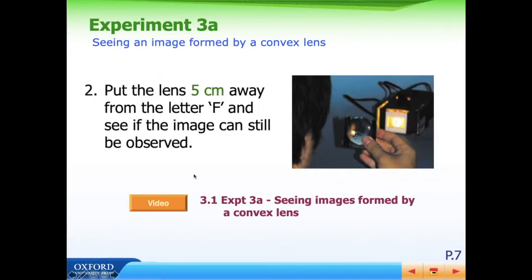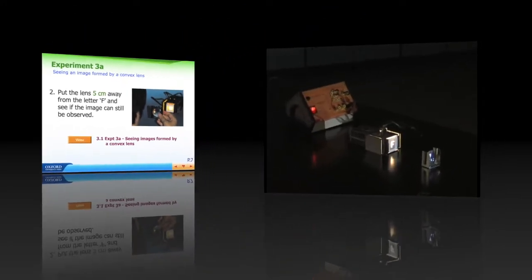The second step is that you put the lens 5 centimeters away from the letter F and see if the image can still be observed. Now, to understand exactly this experimental setup in action, I want you to watch this video clip, which is all about seeing images formed by a convex lens.